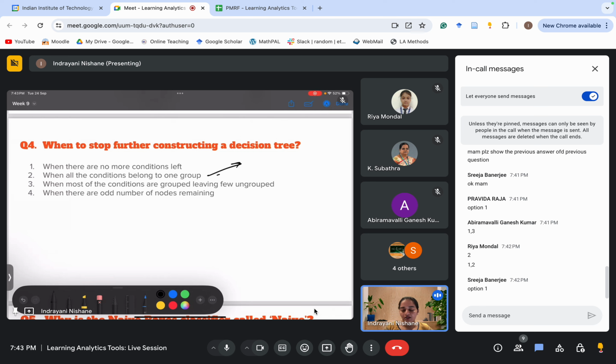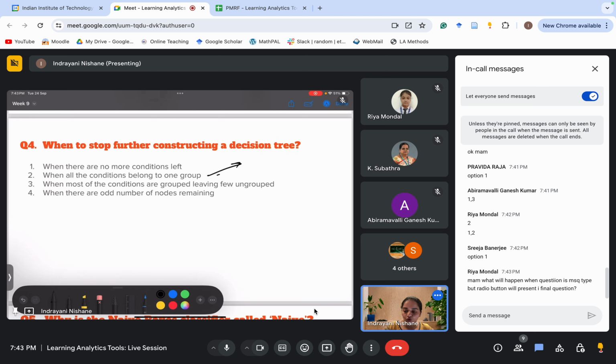So, for example, if the condition is based on how many marks a particular student has gotten in a mid-semester exam, we have two conditions, greater than 50 and less than 50, and we have hundreds of students.